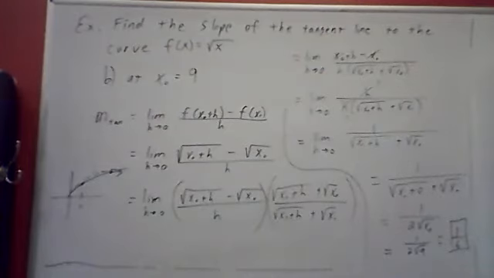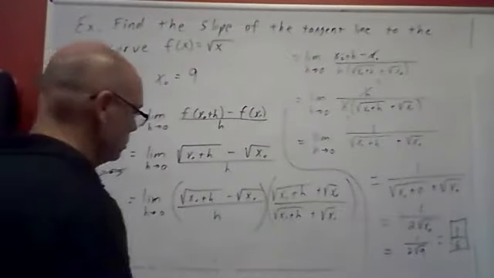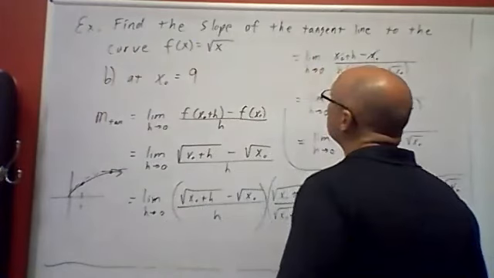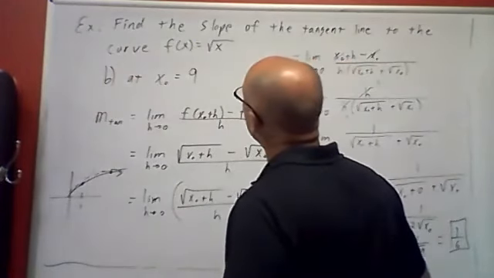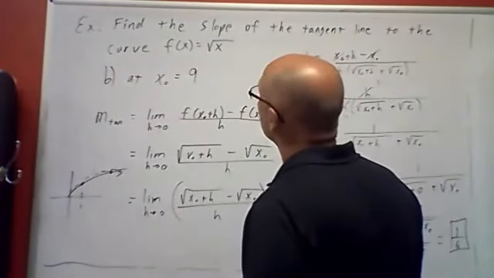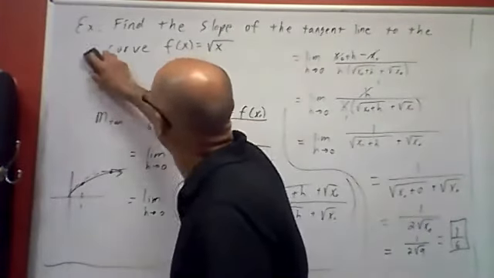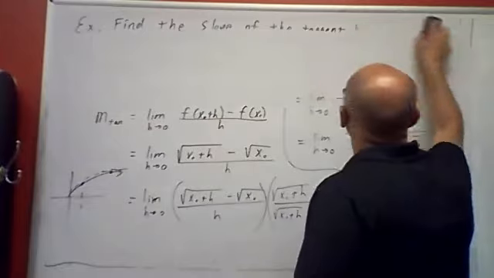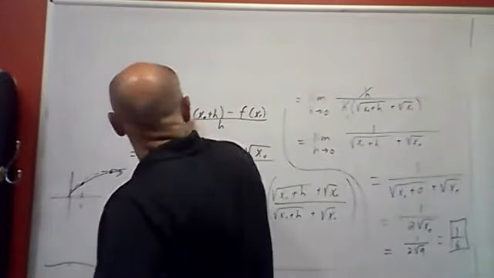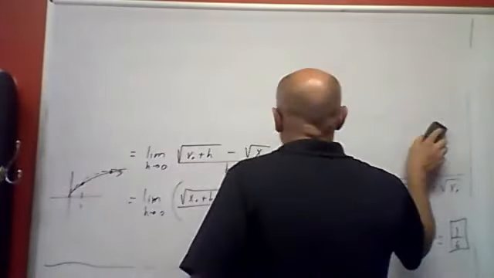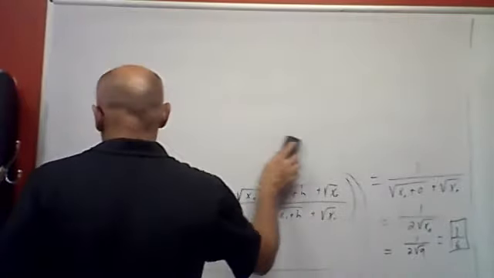Let's go ahead and throw in part C here. We can't really throw in part C here, the way I worded this. Oh well. Let's just throw in an extra example then, okay?